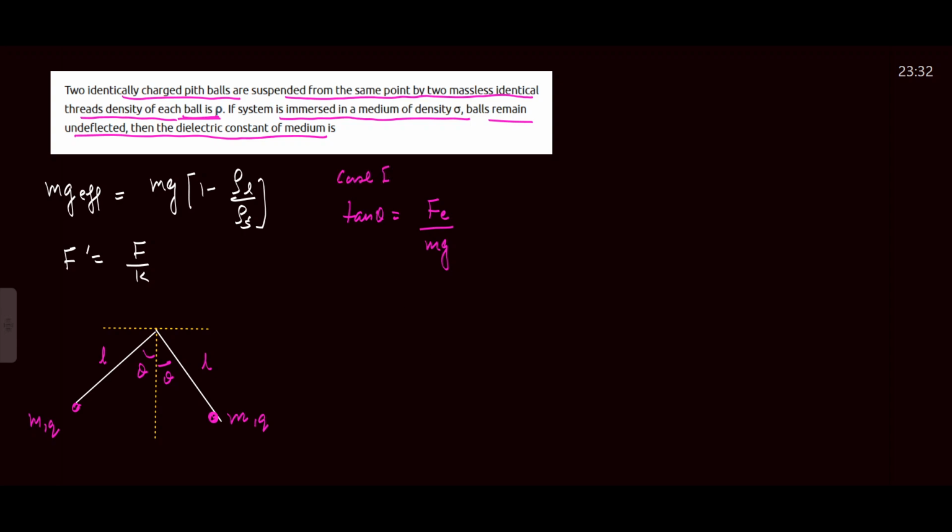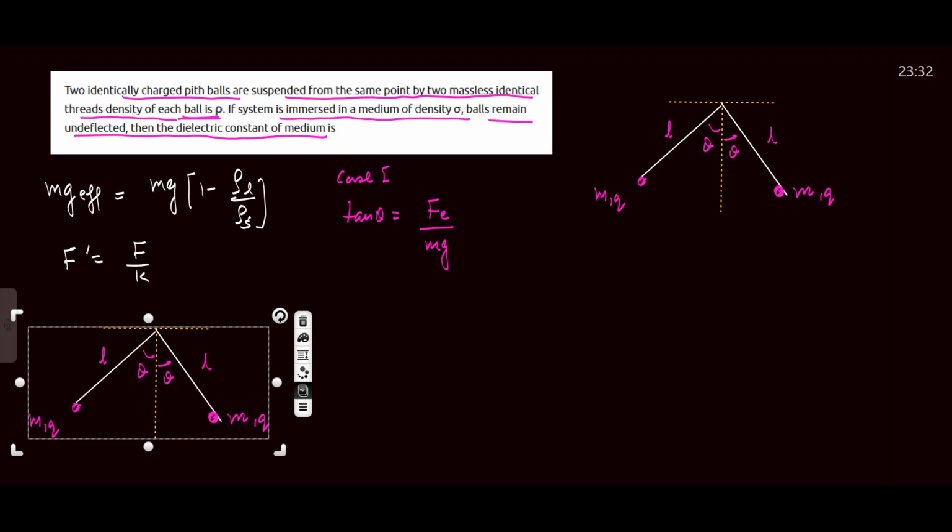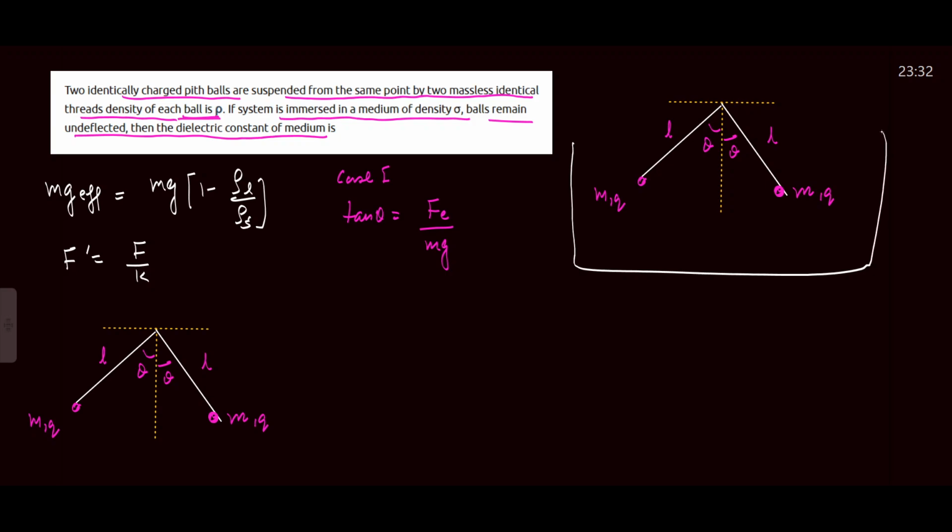In the second case, I am drawing the same picture again, and now this whole part is placed inside a beaker, and the beaker has a medium whose density is given. The density of the liquid is sigma, and the density of the solid is given as rho. Now again the theta is not changing, so in case 2 also tan theta is equal to Fe by mg should be maintained.